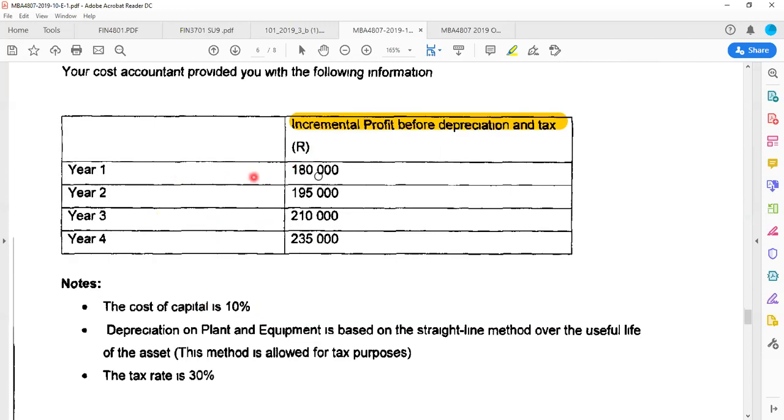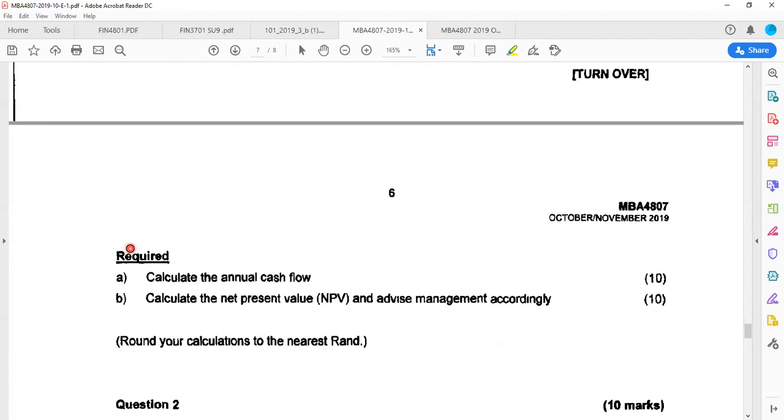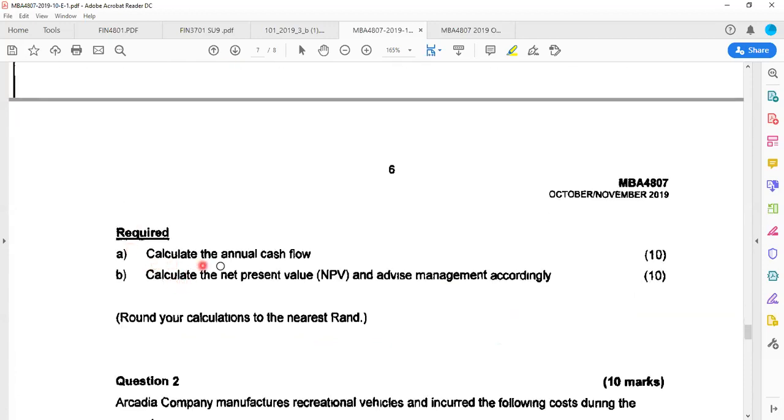The cost of capital is 10%. Depreciation on plant and equipment is based on the straight line method over the useful life of the asset. This method is allowed for tax purposes, and the tax rate is 30%. So you're asked to firstly calculate the annual cash flow. Secondly, calculate the net present value and advise the management accordingly.